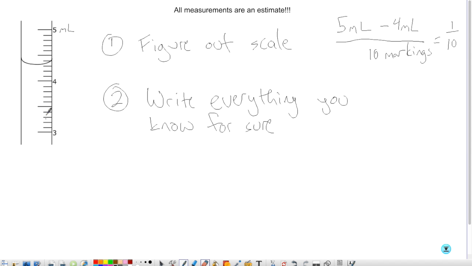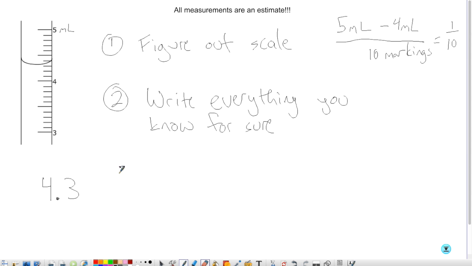I know that it's not above 5, it's between 4 and 5, so I know the 4 for sure. Because I'm going from the bottom of the meniscus, I know that it's between 0.1, 0.2, 0.3, and 0.4. So I know that it's 4.3. Now, that's where a lot of people get tempted to stop. But that's not the right place to stop, because you always have to estimate a measurement.